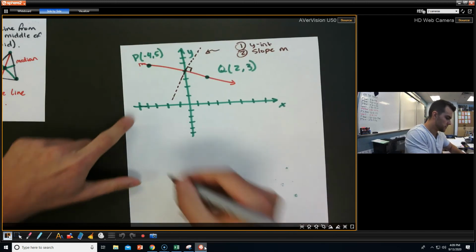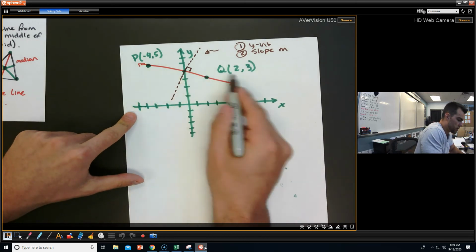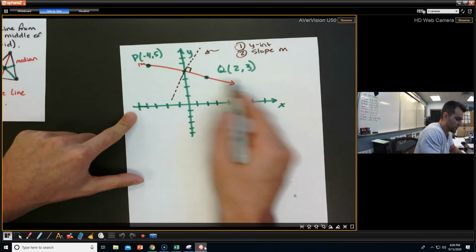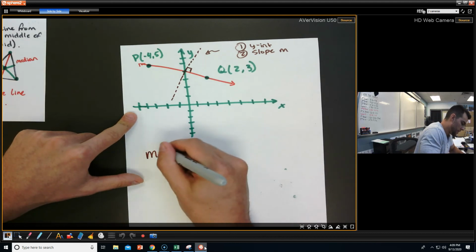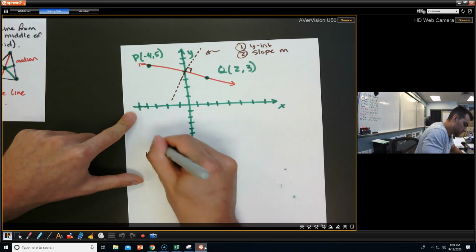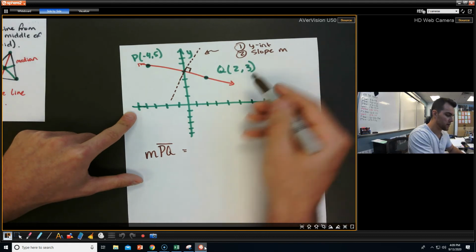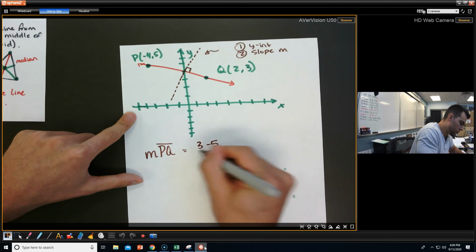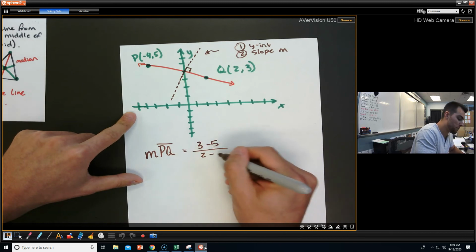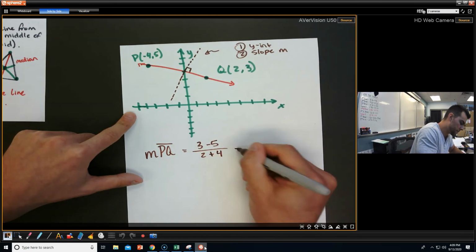I know that the equation of this line between 2 points, well, I don't need the whole equation, I just need the slope. I know the slope of PQ is going to be, I'm going to call this my x2, y2, 3 minus 5 over 2 minus 4, so plus 4.